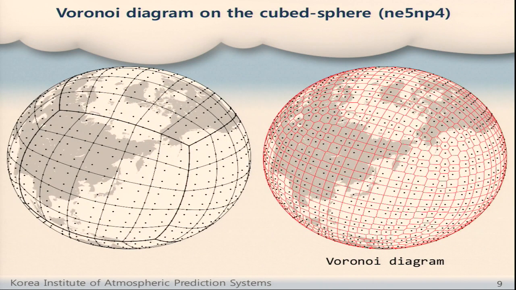The following three remapping methods use spherical Voronoi diagrams. The Voronoi diagram consists of perpendicular bisectors with neighboring points. For example, the Voronoi diagram of the left cube-sphere grid is shown at right.